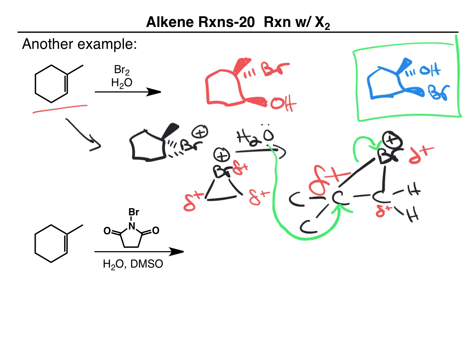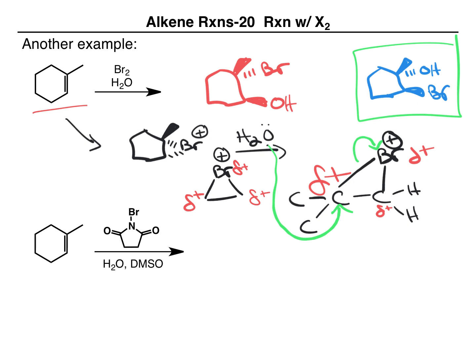So when we have an unsymmetrical alkene, the water is going to add to the more substituted carbon because that is the one that has more positive character. So we can think of it along the same lines as Markovnikov addition, where the nucleophile adds to the more stable carbocation. Well, here we have the nucleophile adding to the more stable almost carbocation, leading to this product.